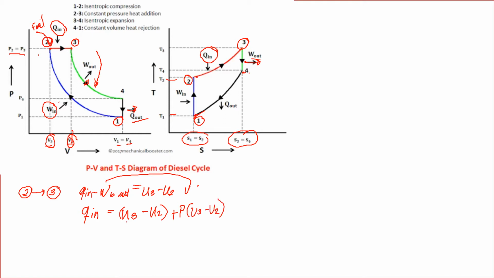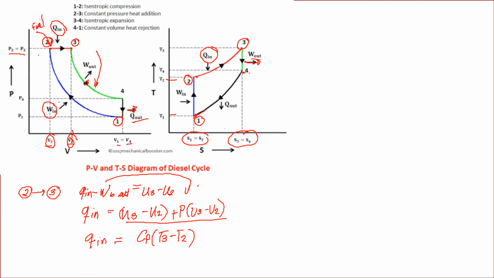This in all is a change of enthalpy at constant pressure, which we may take as Cp times (T3 minus T2). That's how it is, the heat addition.